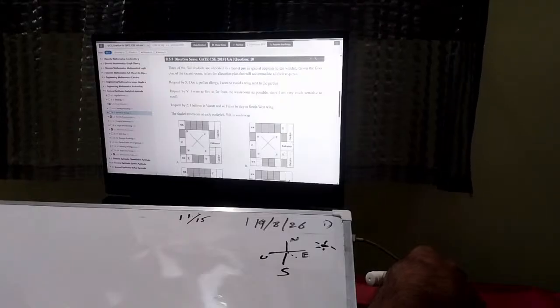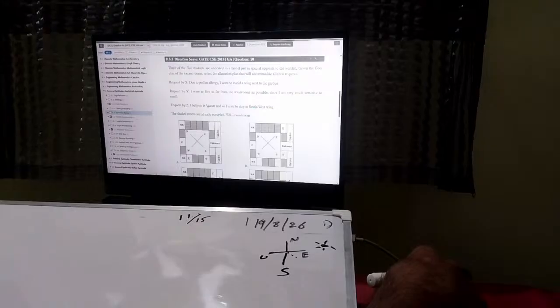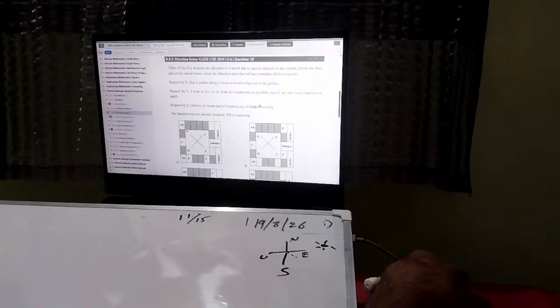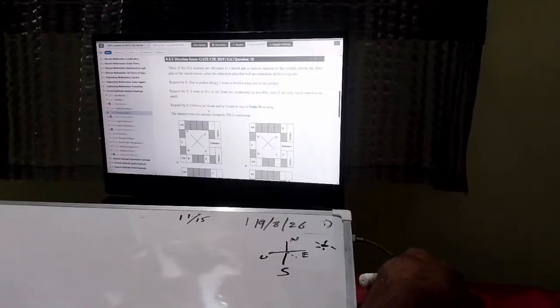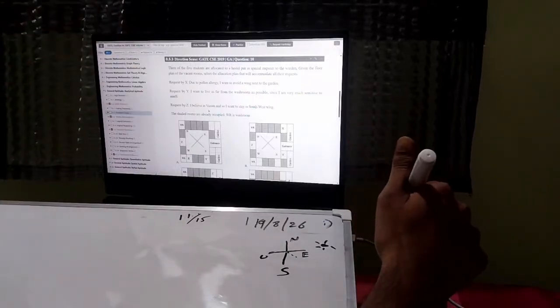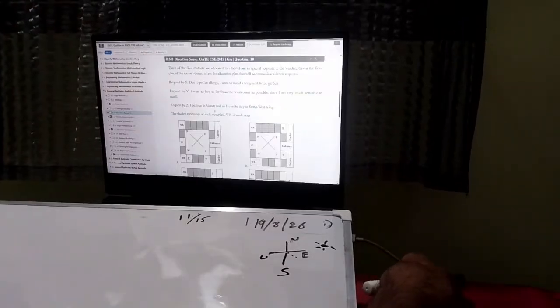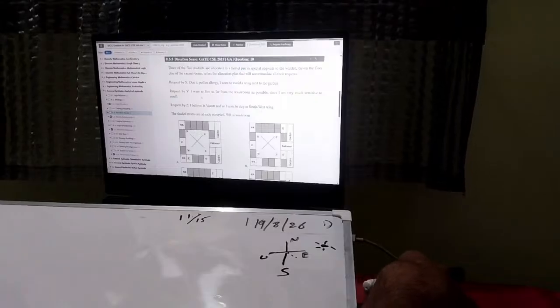The shaded rooms are already occupied. WR is a washroom. Another request: I believe in vastu, and so I want to stay in the southwest wing.